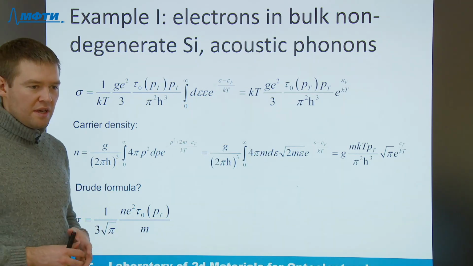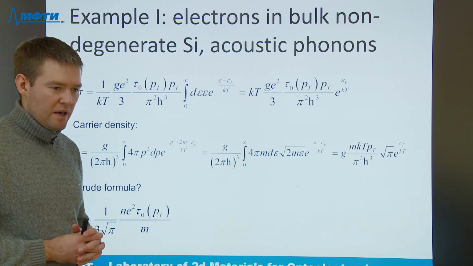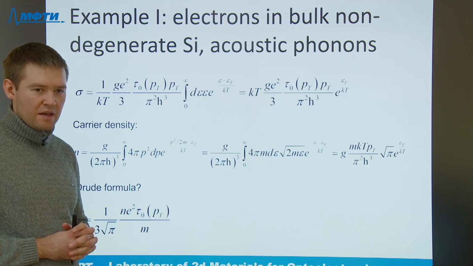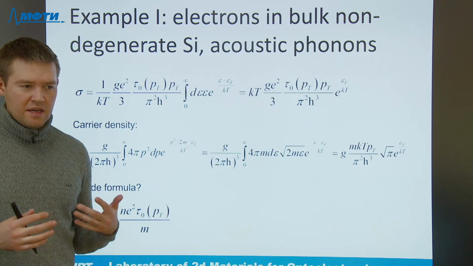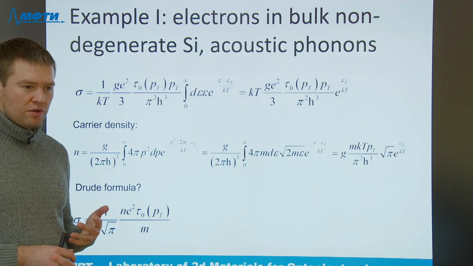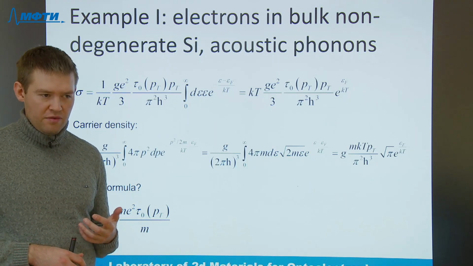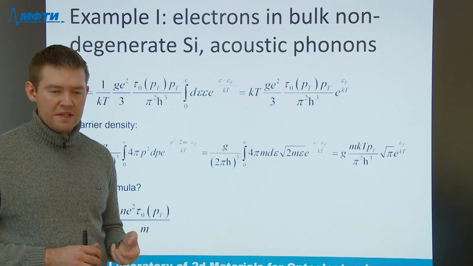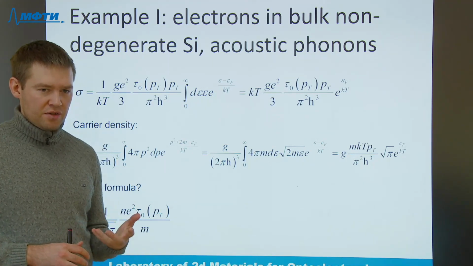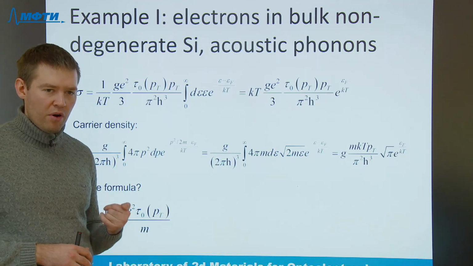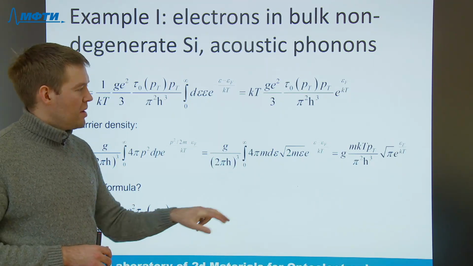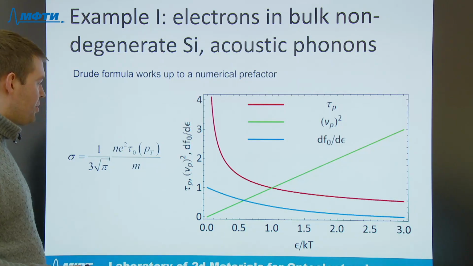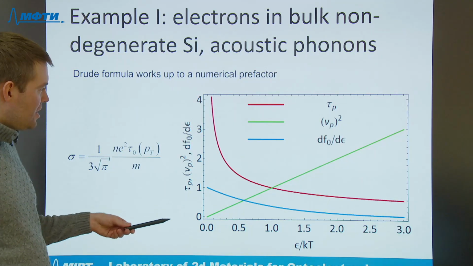You shouldn't be surprised when you evaluate the conductivity with some exact Boltzmann consideration and don't get exactly the Drude formula, N e squared tau divided by m. This is because what enters the Drude formula is the properly averaged momentum relaxation time. This proper averaging is shown in my figure.